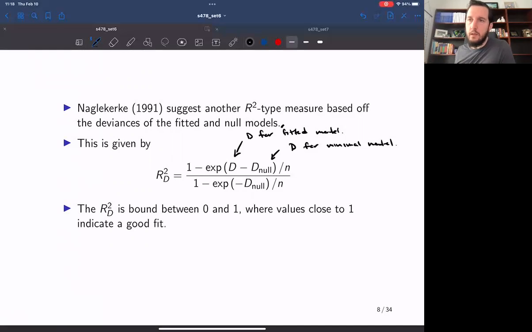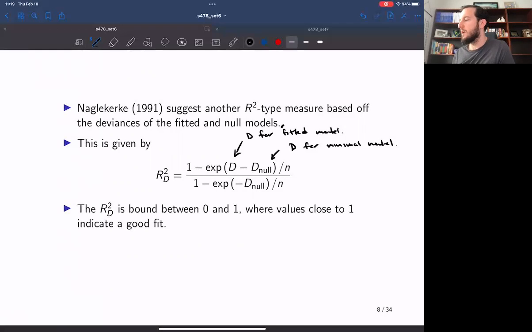So like with a traditional r-squared value, this value is standardized to be between 0 and 1, and we can say that models that have values closer to 1 would indicate a better fit. Okay, so in this case, compared to the previous approach, we have a boundary that represents something like a perfect fit.